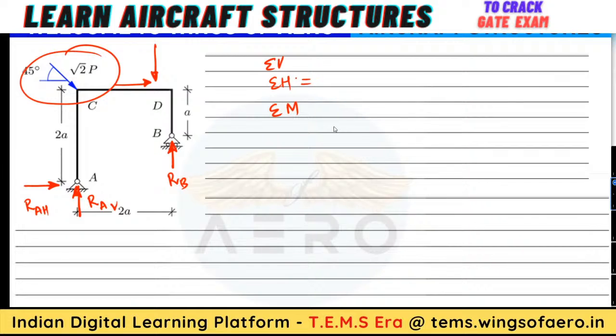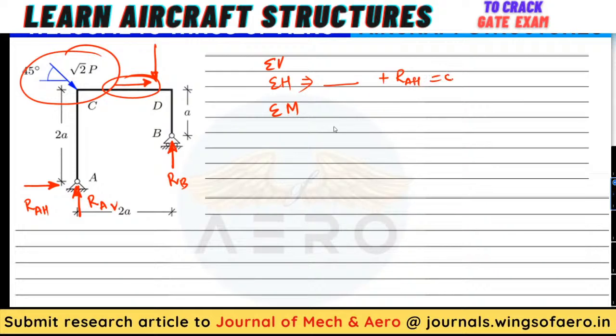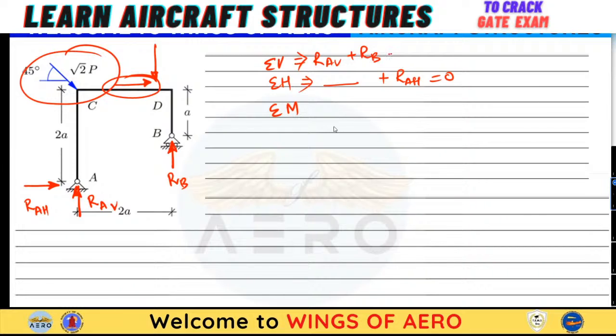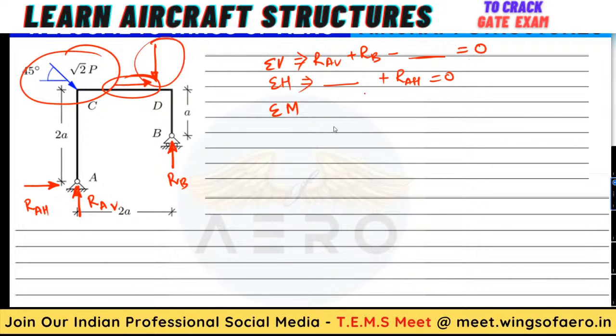Summation of horizontal forces: whatever horizontal force we get here, combined with RAH, equals 0. You can find out RAH. Then summation of vertical forces: RAV plus RB, minus whatever the value of this component is, equates to 0.